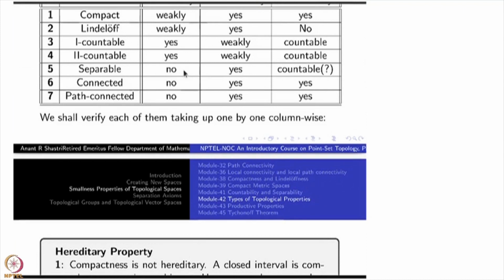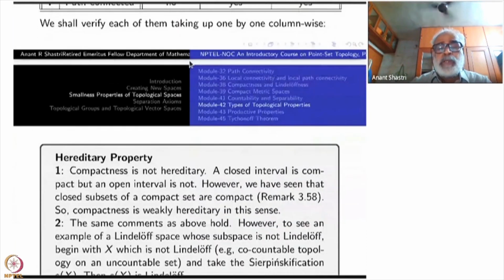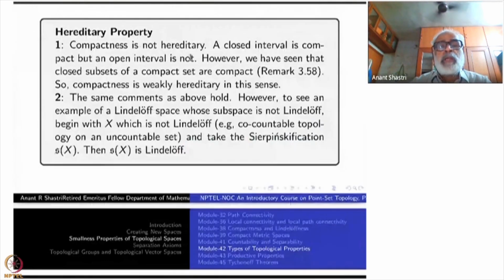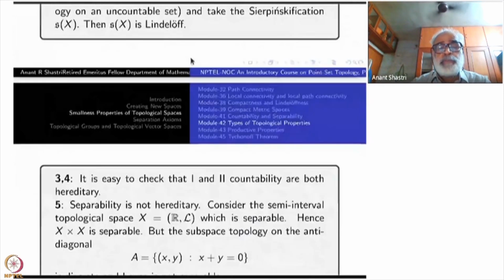So perhaps you may try to do something similar to this Lindelofness. Start with a non-separable thing and then cook up something bigger which is separable. That may work, no? So there are ideas you have to sometimes think about these things, right?